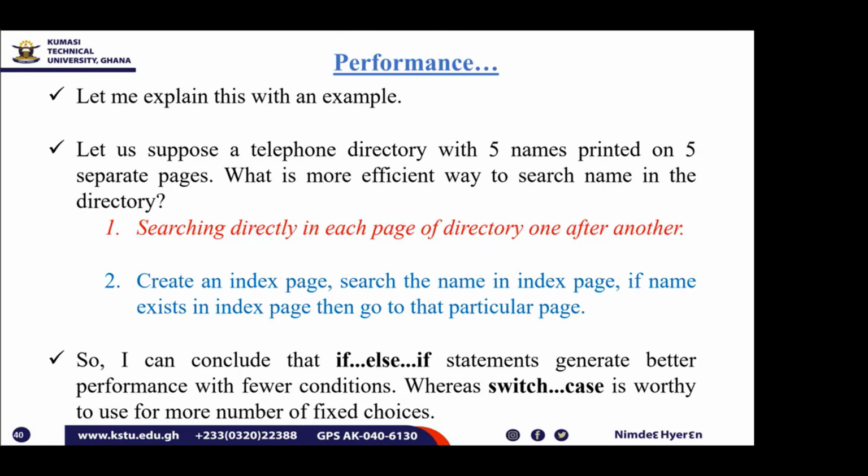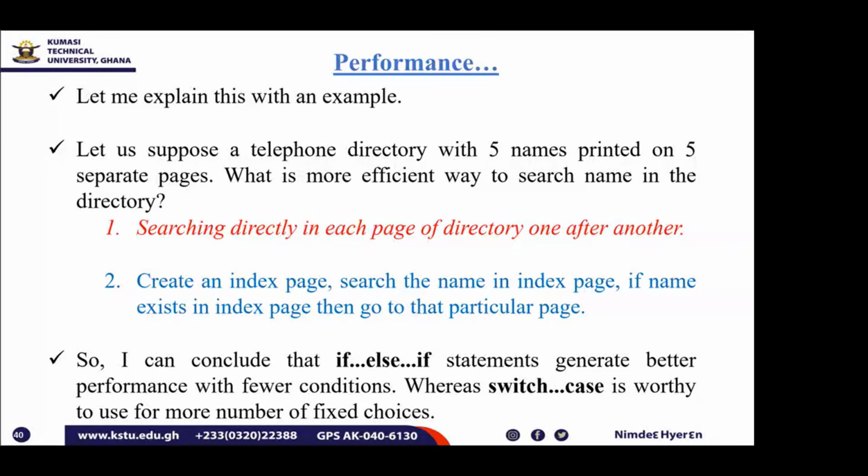Now, let's look at it from this angle. Assuming a telephone directory has 5 names printed on 5 separate pages. What is the most efficient way to search for a name in the directory? 1.